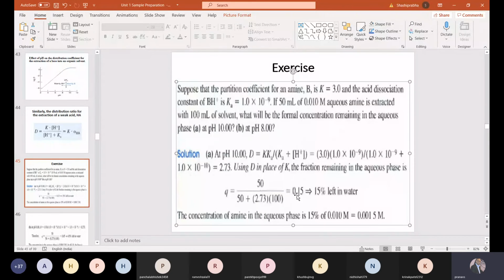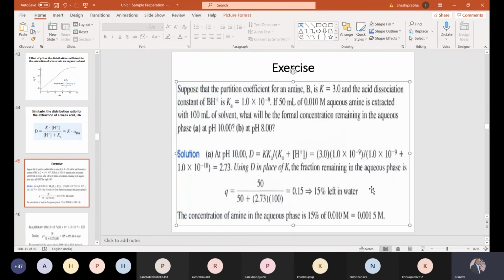So if we do this, what we get is 0.15 as the fraction which remains, which is 15% if you multiply by 100. So 15% remains in the aqueous phase at pH 10 if we are extracting a base. 85% is extracted.